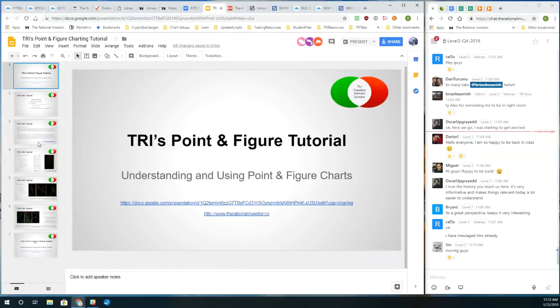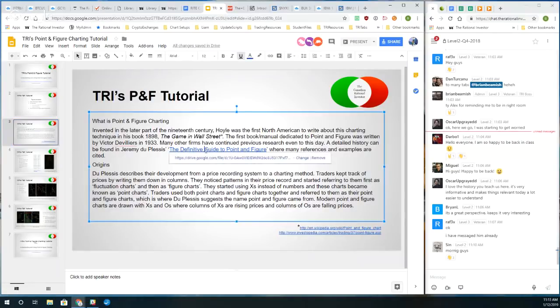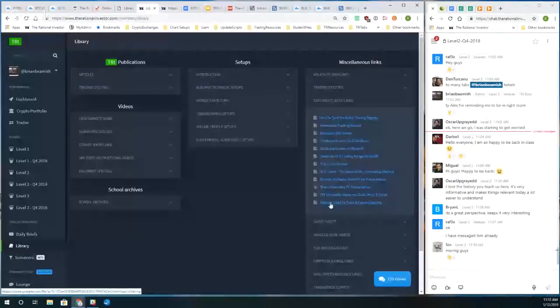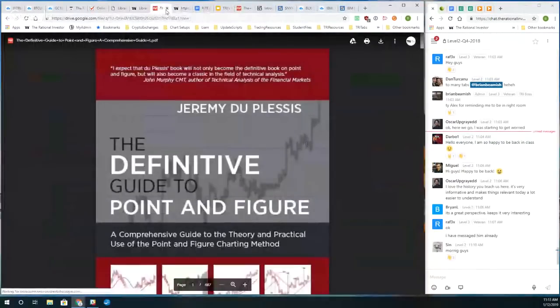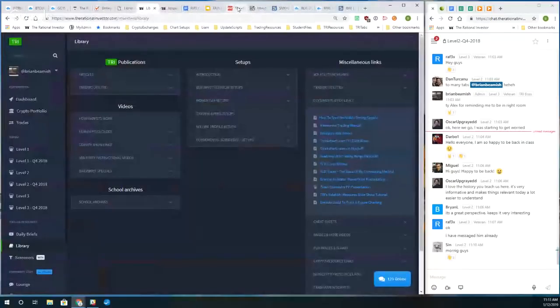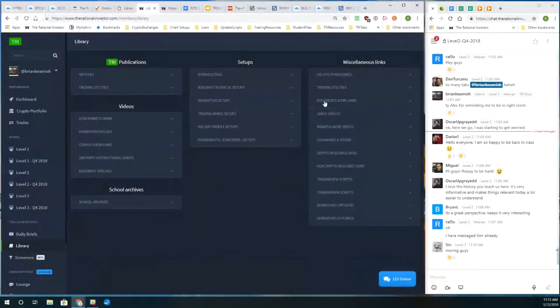If you don't have access to the PowerPoint presentation here, there is the link to this document, a definitive guide to point and figure charting, but you can also find it in the library, where I've also put it. So you have two different places you can access this document. For the purposes of this introduction, I don't consider this an exhaustive study of point and figure charting.